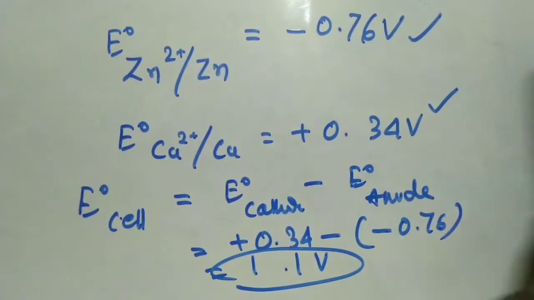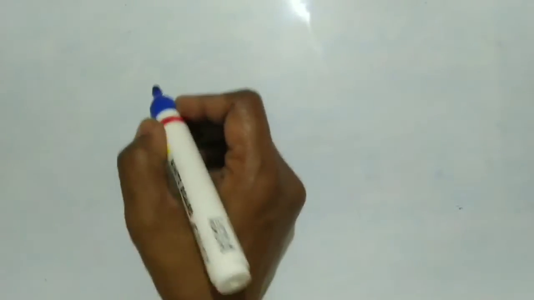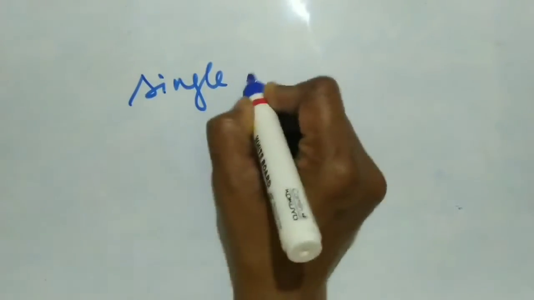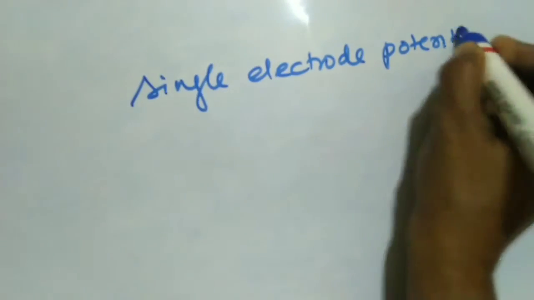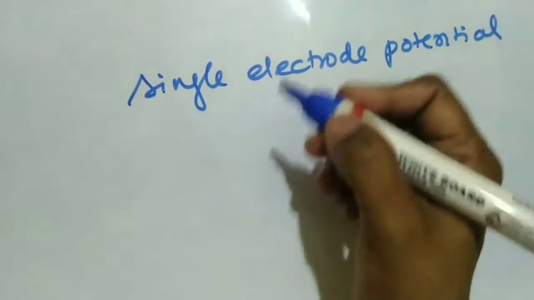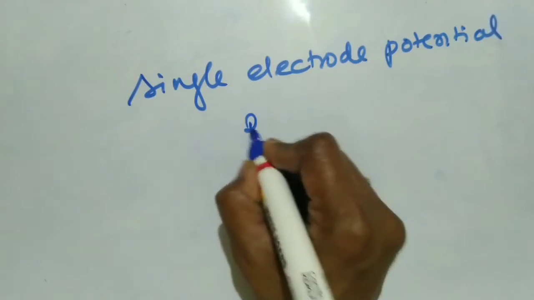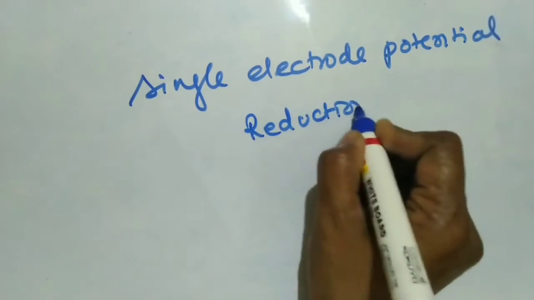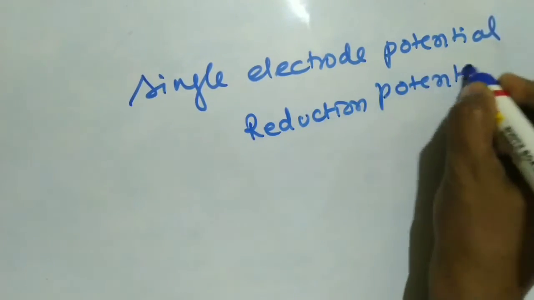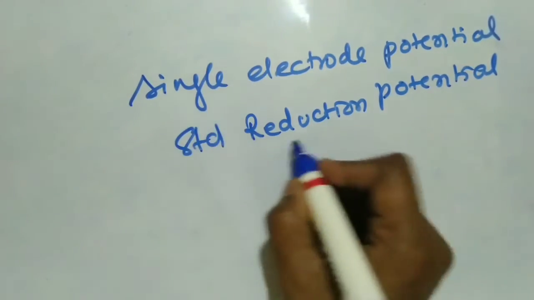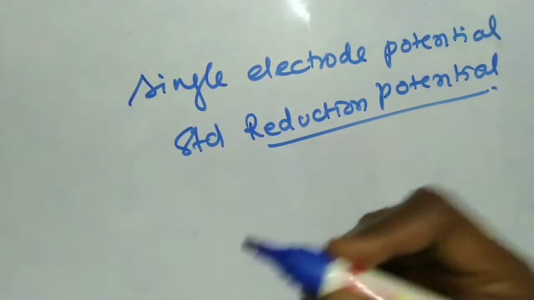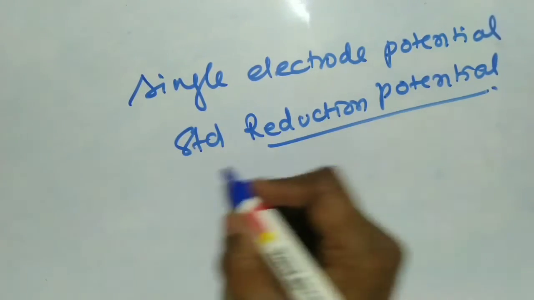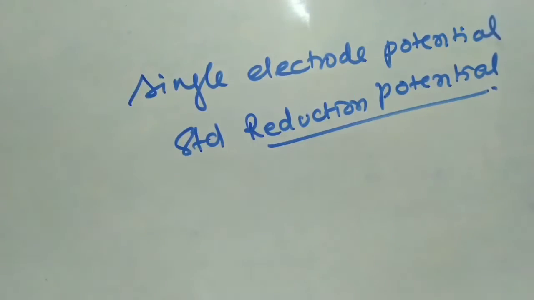Now I would like to tell you that the single electrode potential, in the case of zinc and copper or any other electrode, is always represented as the reduction potential, or standard reduction potential. Based on the standard reduction potentials of different metal ions, there is a series, the electrochemical series.